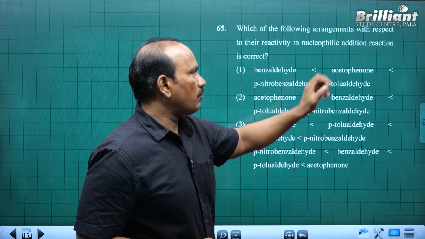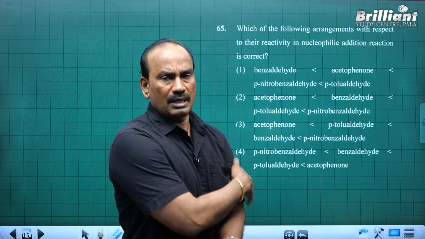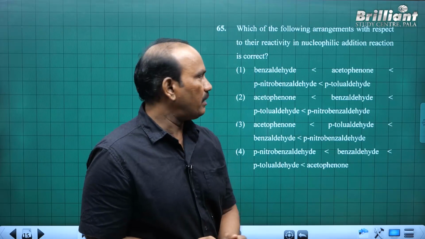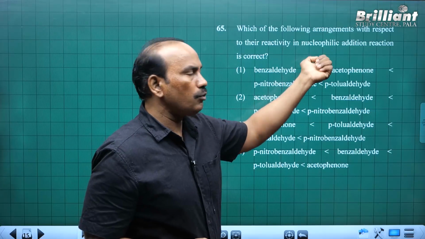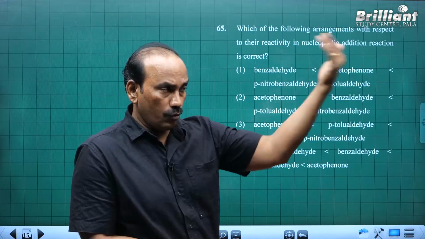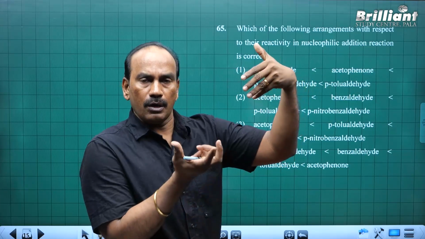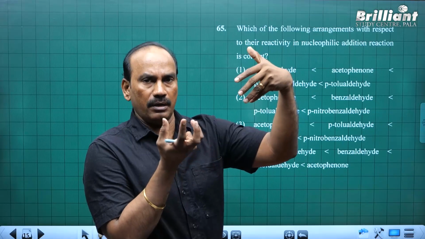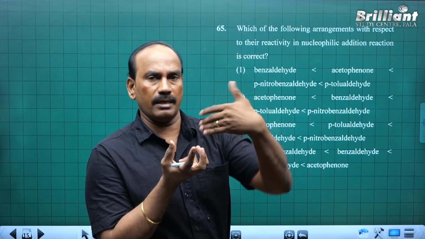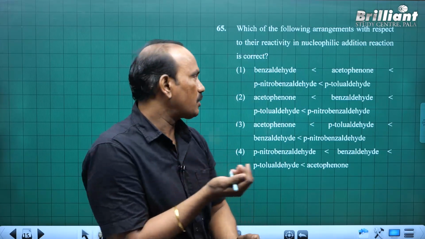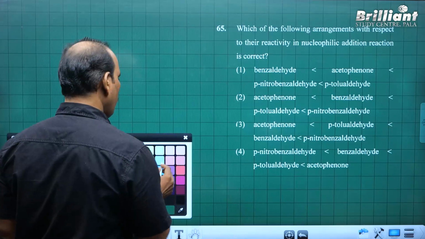Aldehydes and ketones are involved in nucleophilic addition reactions because aldehydes and ketones are electrophiles. So, what is the attacking species? Nucleophile is coming. Here the carbonyl group, having electron deficiency, is effectively attacked. Clear?